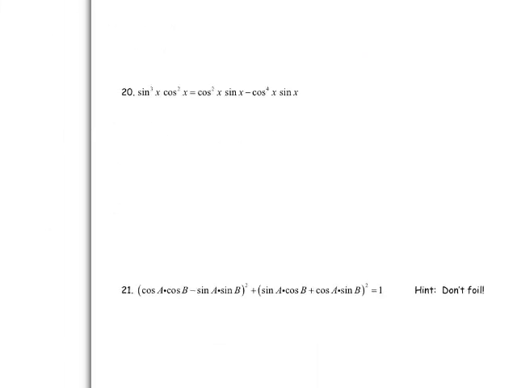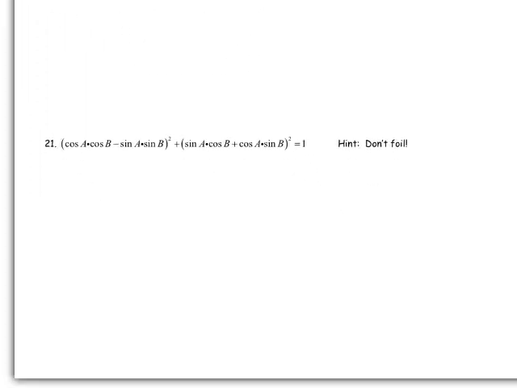On number 21, we have cosine A times B minus sine A B plus sine A cosine B plus cosine A sine B. If you look at your formula chart, you can match that up, and you're going to see that it matches up to cosine of A plus B, and then you still have that squared.